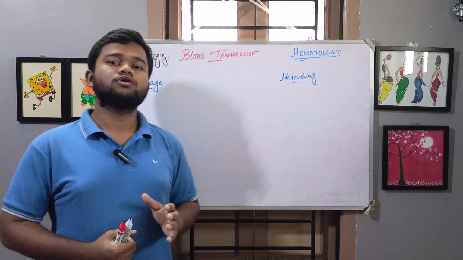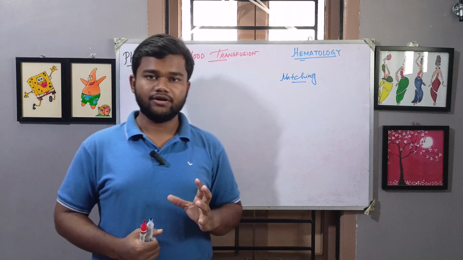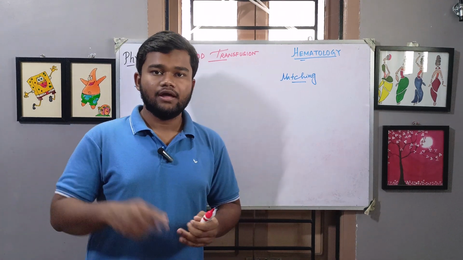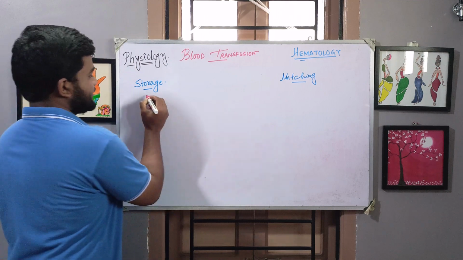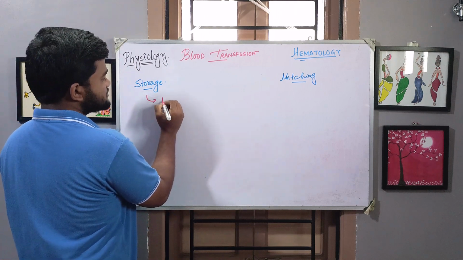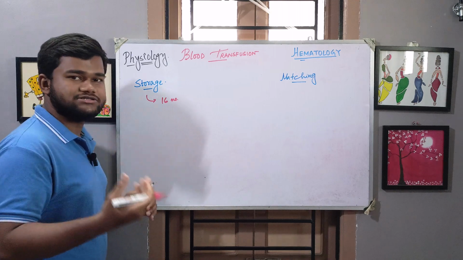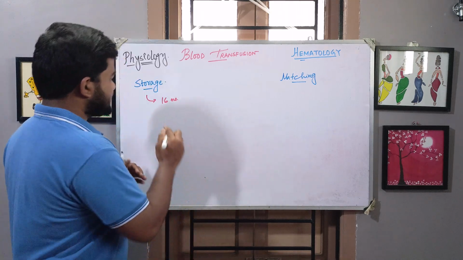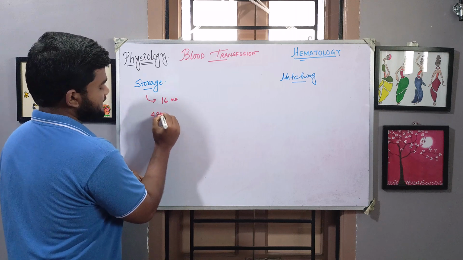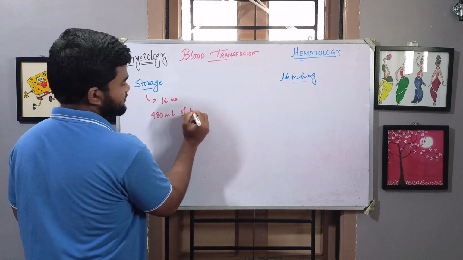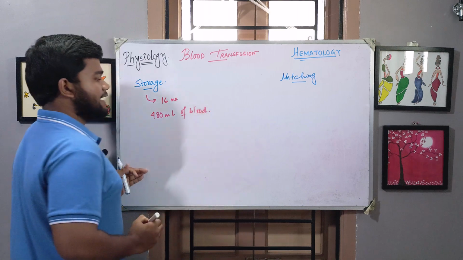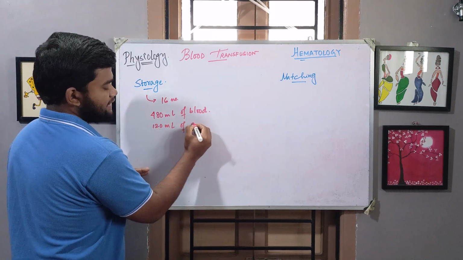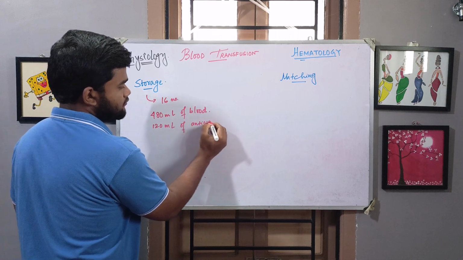Now let us talk about the storage of the collected blood. How is this blood collected and then stored? We collect it from the cubital vein by using a 16 gauge wide needle, and then we store it in a bottle. Mostly about 480 milliliters of blood is collected, to which 120 milliliters of anticoagulant is added.